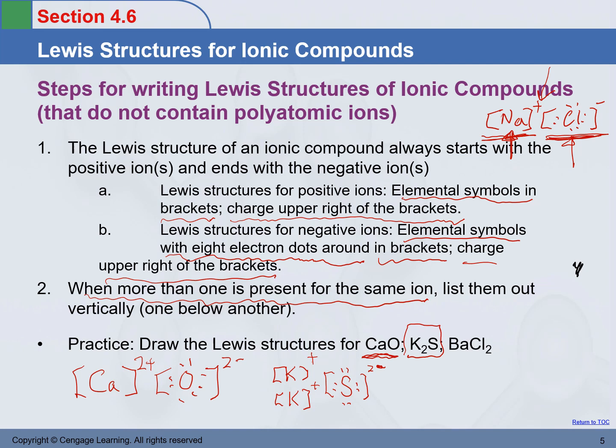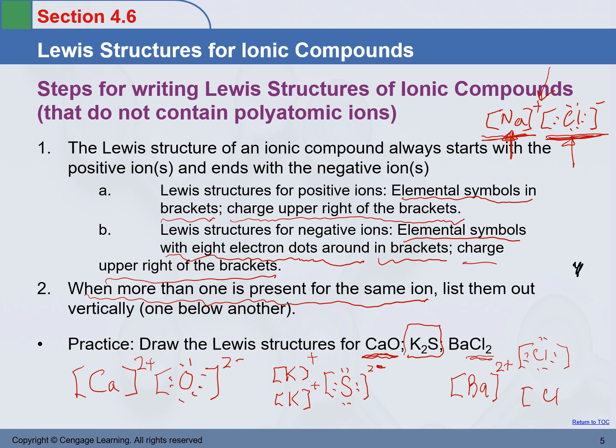Next, barium chloride. Barium is a metal. Metal is positive first. Symbol in the bracket. Charge outside. Barium is a metal in column 2A, so 2 plus. Oh, we have 2 negative ions, 2 chloride ions, one below another. 8 electrons.